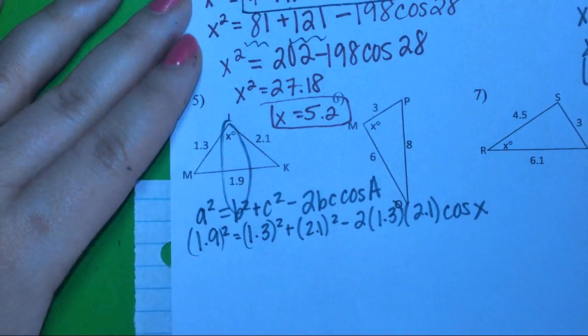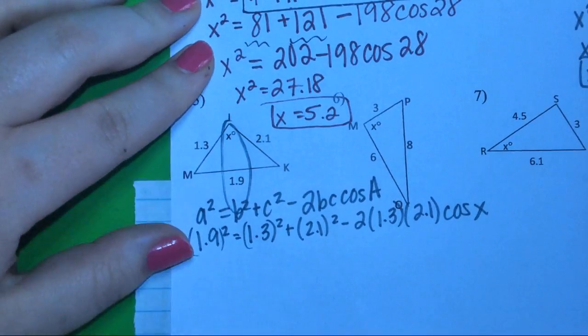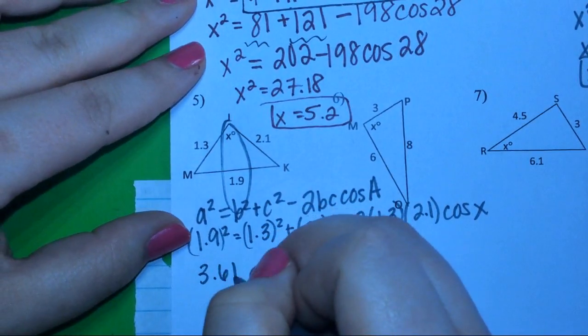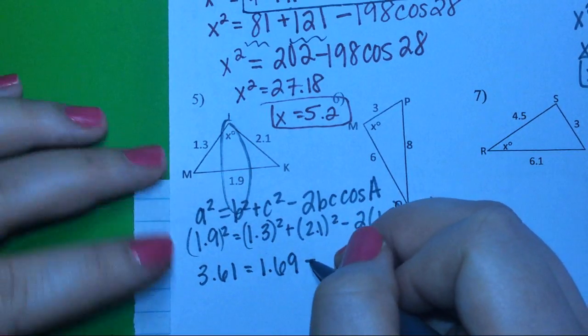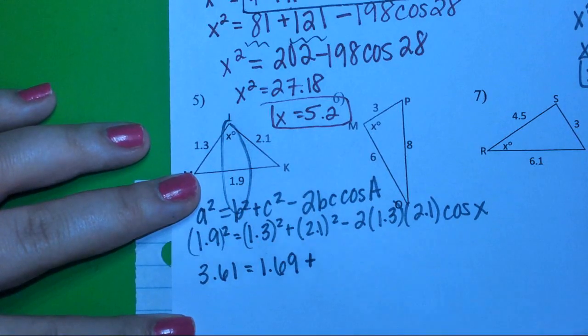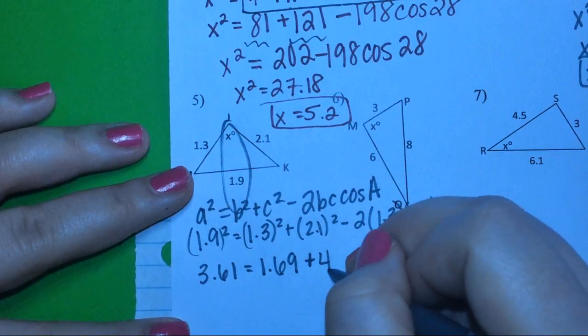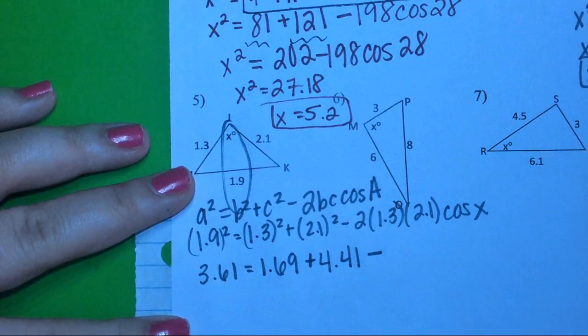I need to know 1.9 squared. I know that one, but what's 2.1 squared? Now I need to know 2 times 1.3 times 2.1.